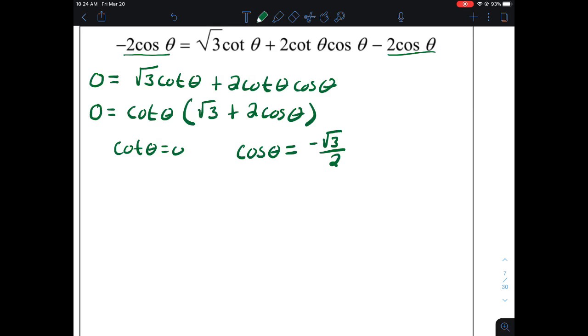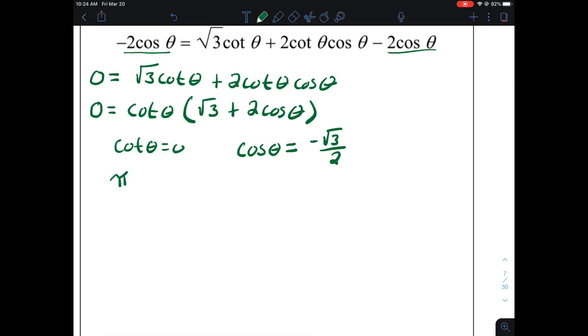So starting with cotangent of theta equaling 0. Cotangent is the quotient of cosine divided by sine. So cotangent is going to equal 0 everywhere that cosine equals 0 on my unit circle. Well, cosine equals 0 on the pi over 2's. So it'll be pi over 2 and 3 pi over 2.